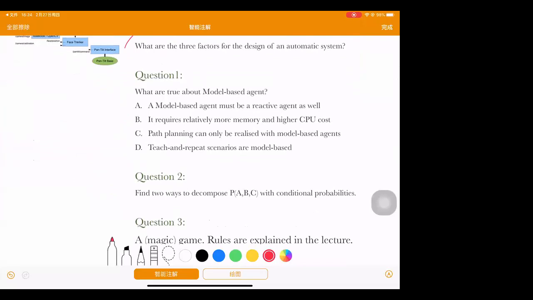So question one, if you still remember: what is true about this model-based agent compared with a reactive agent? A, the model-based agent must be a reactive agent as well. Is this true? If you think this is true, can you click the yes button?